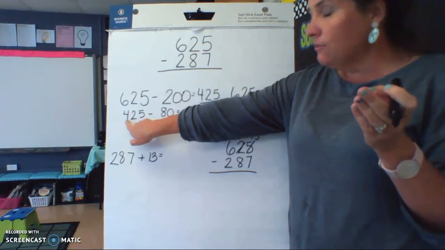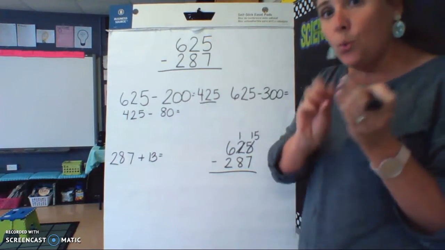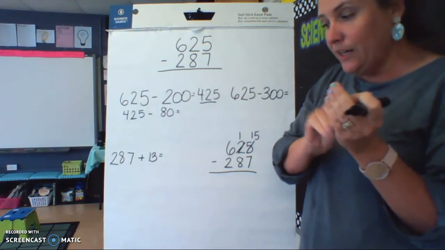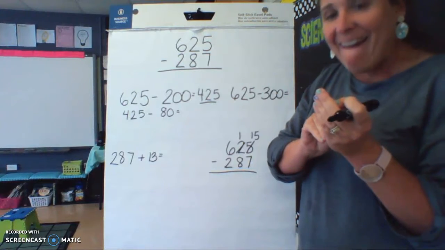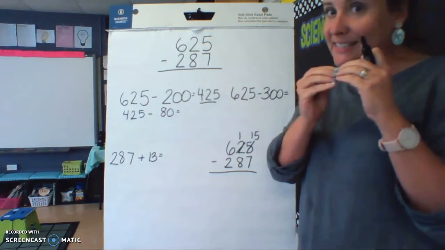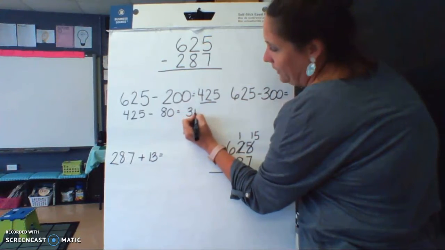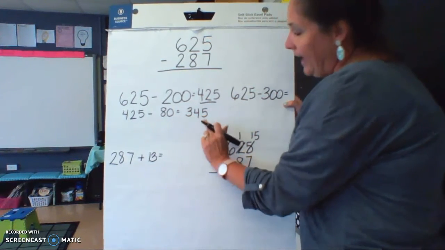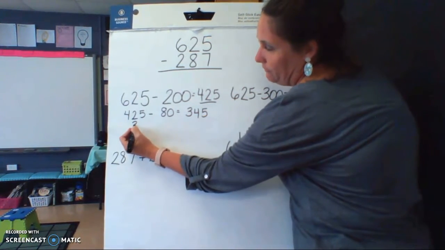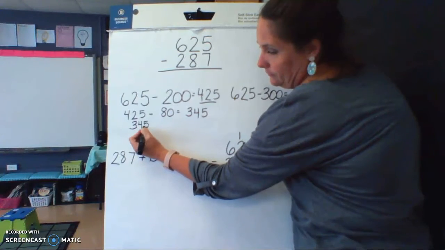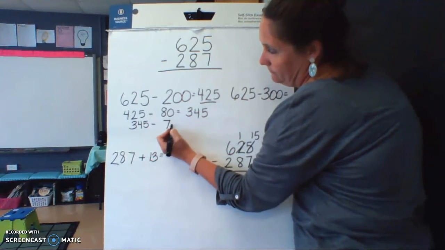And if you subtract 425 minus 20, that's 405. And then 405 minus the 60 gives you 345. And then we're going to take the 345 and subtract the 7.